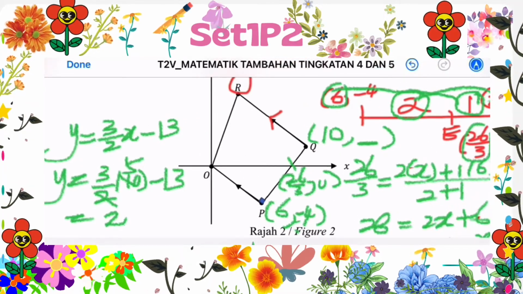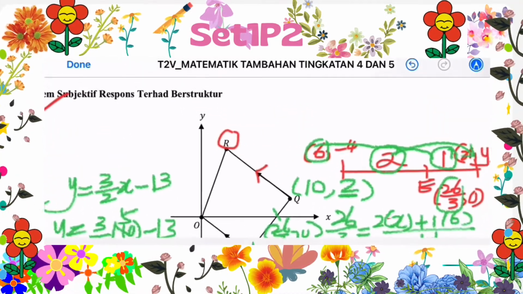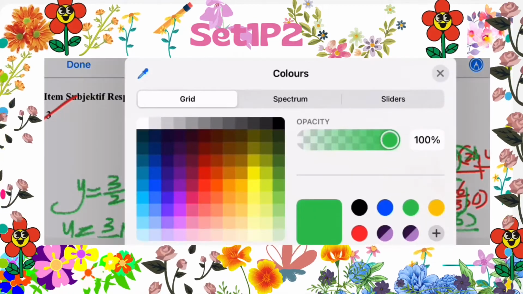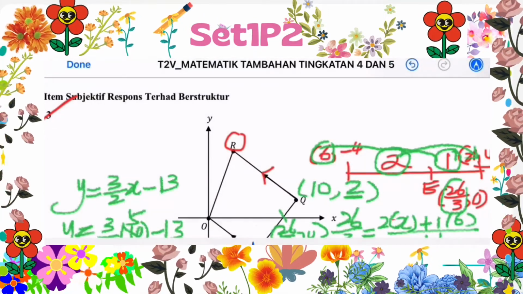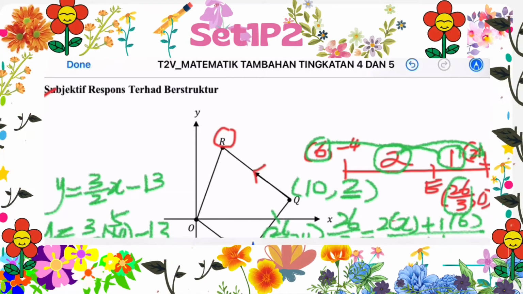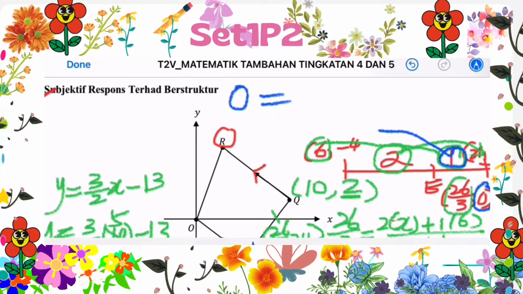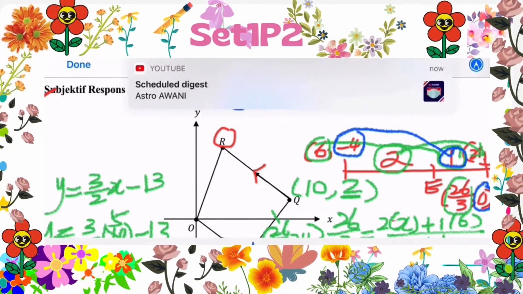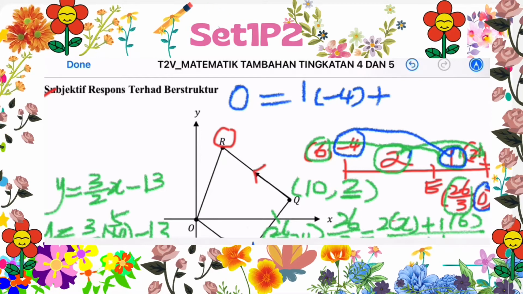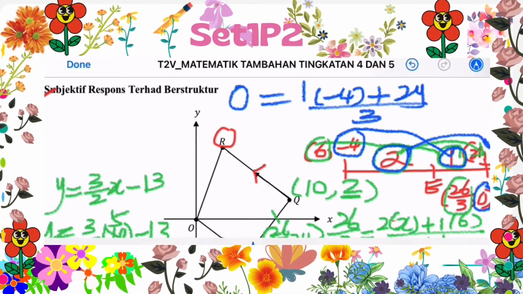Or else you can use the ratio theorem, but you have to use y. That means instead of 26 over 3, I will use 0 here. 0 is equal to (1 times negative 4 plus 2 times y) over 3.